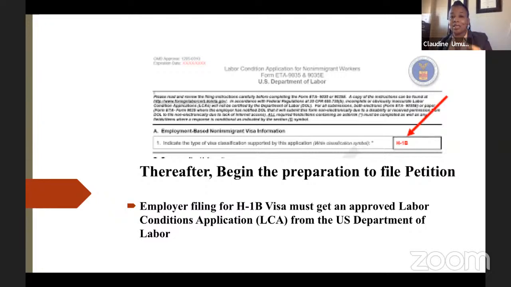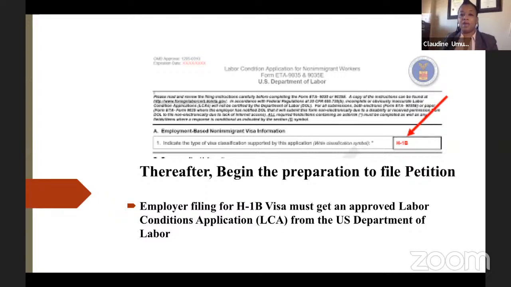They must attest that when they hire a systems engineer, level 1, that systems engineer will be paid a salary not less than, but equal to or above, the prevailing wage in Harris County. So that's the purpose of the labor condition application. The process to get the LCA takes 10 to 15 days. Once it is certified, then you have a go-ahead to move forward with the rest of the filing.